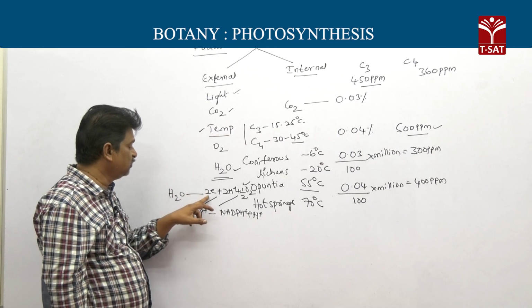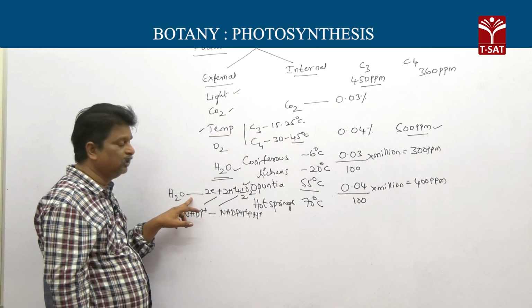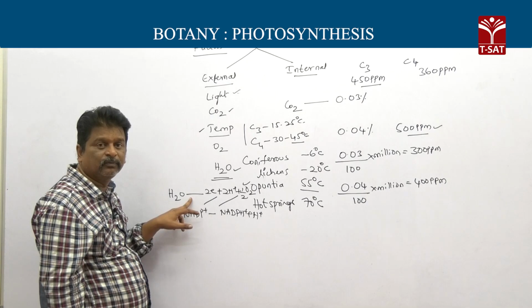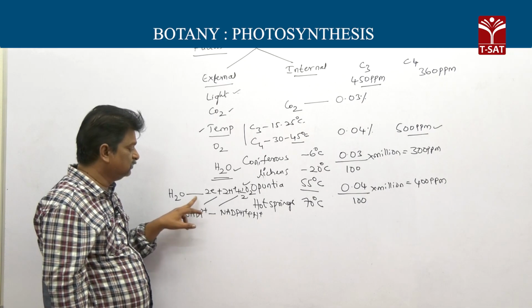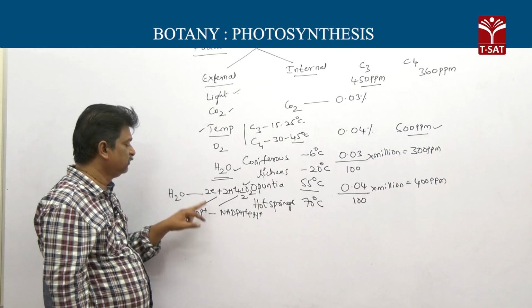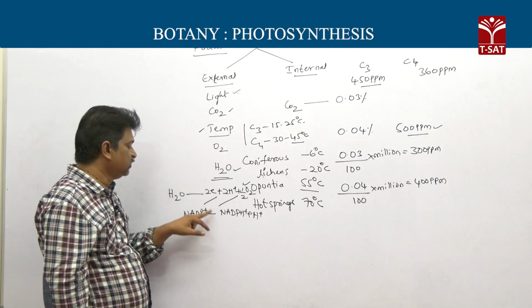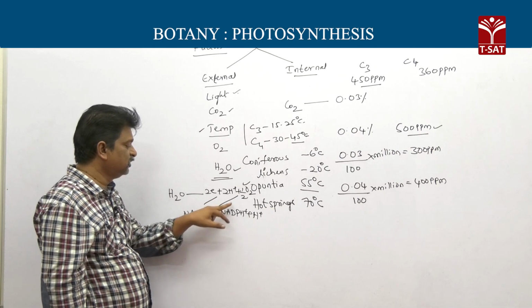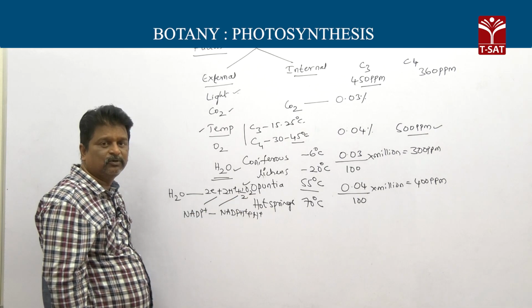That potassium ferric oxalate is called Hill oxidant, and the natural proton acceptor is NADP. So, water is essential for photosynthesis because it acts as an electron donor.